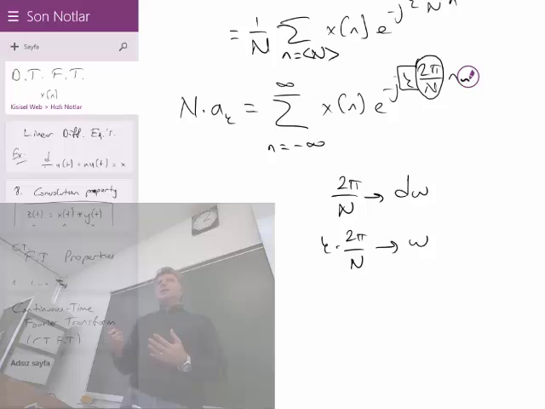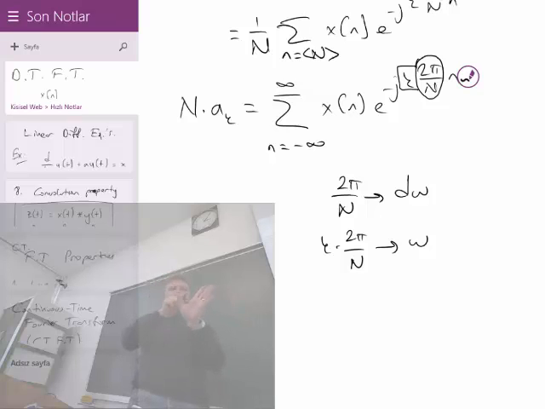Because originally it was like this, wasn't it? In our Fourier series representation, what is the corresponding frequency of the harmonic? Do you remember that? 2 pi over capital N was the fundamental frequency, which was omega 0. K times omega 0 was the frequency of the harmonic.